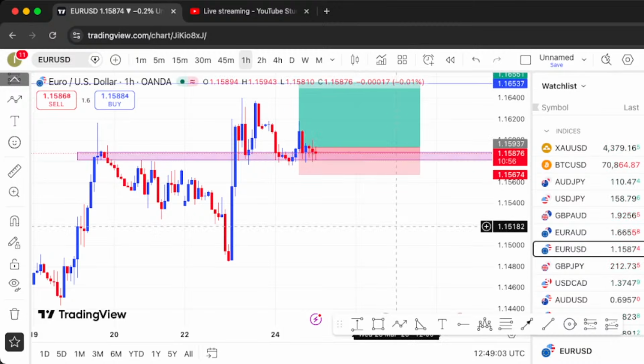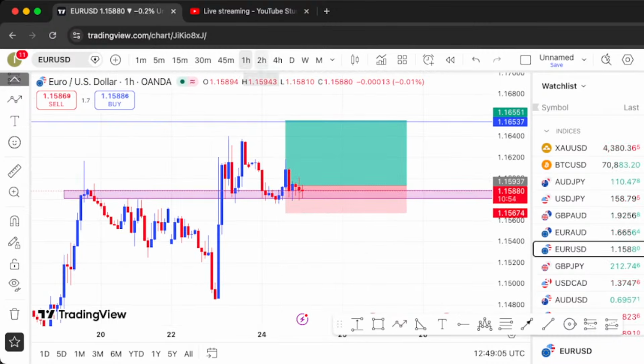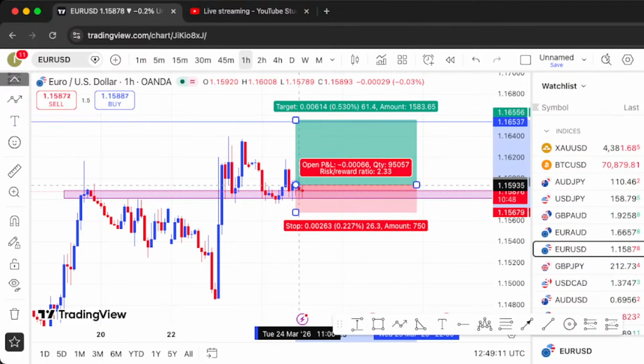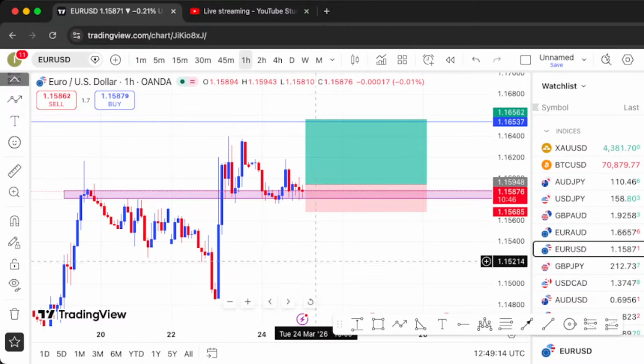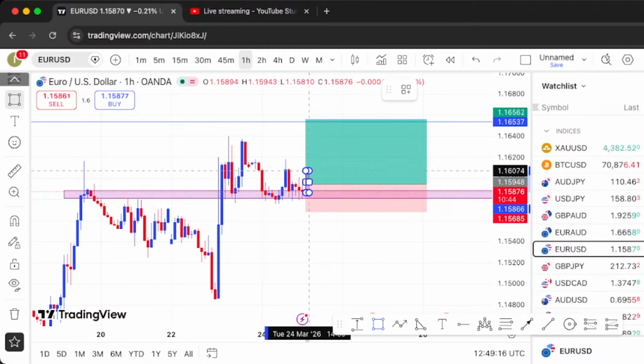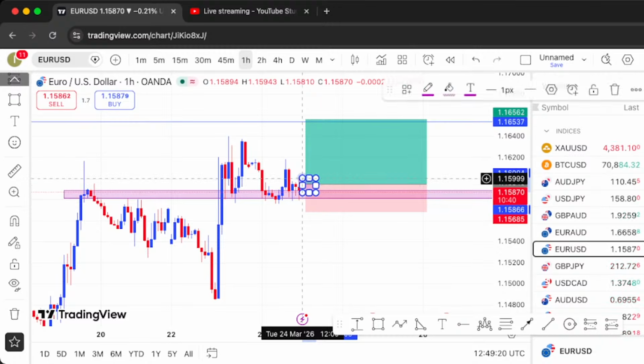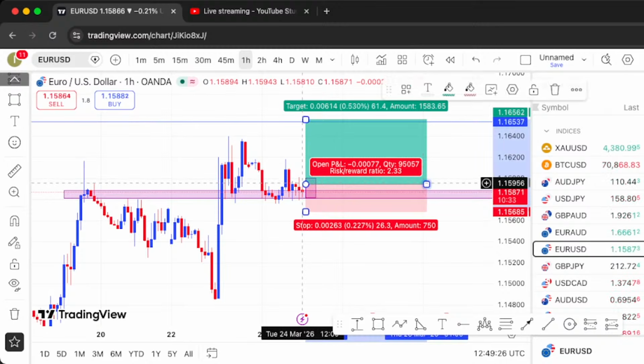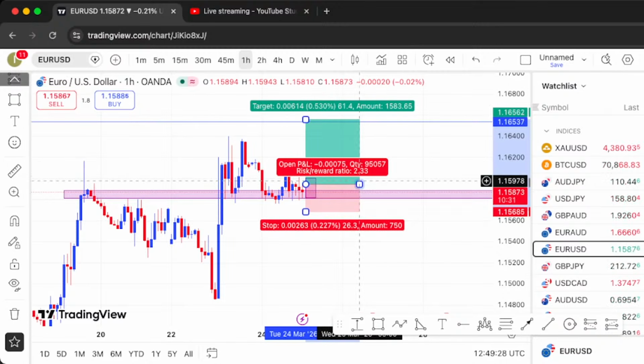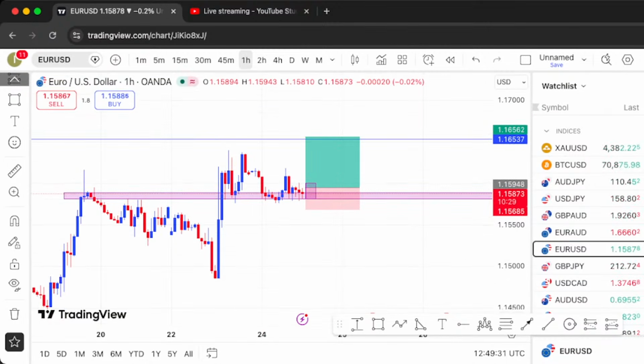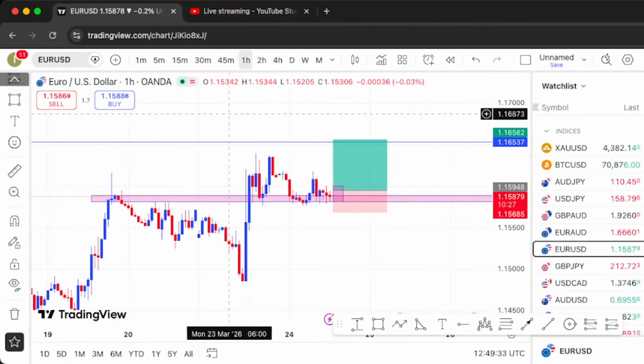Euro USD is still on our area of interest. Still waiting for a confirmation before taking a trade. Still waiting for a bullish engulfing at this level. Once it engulfs those candlesticks, that's when we are going to take a buy on Euro USD.